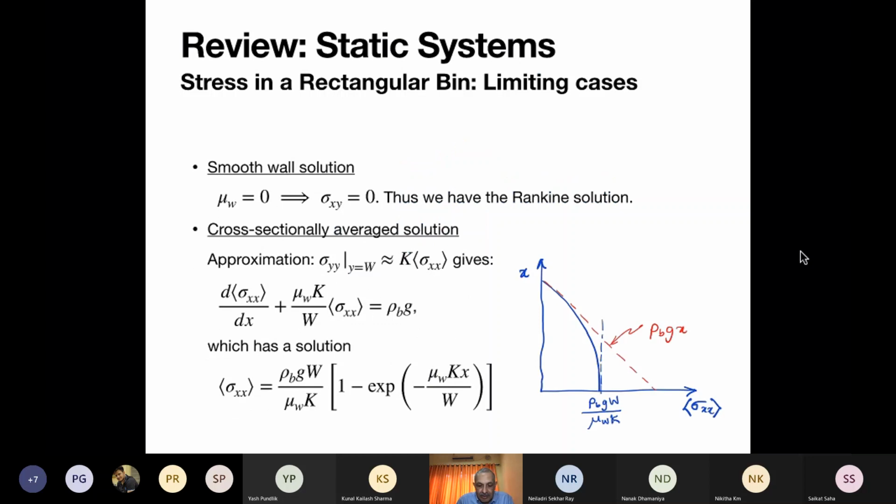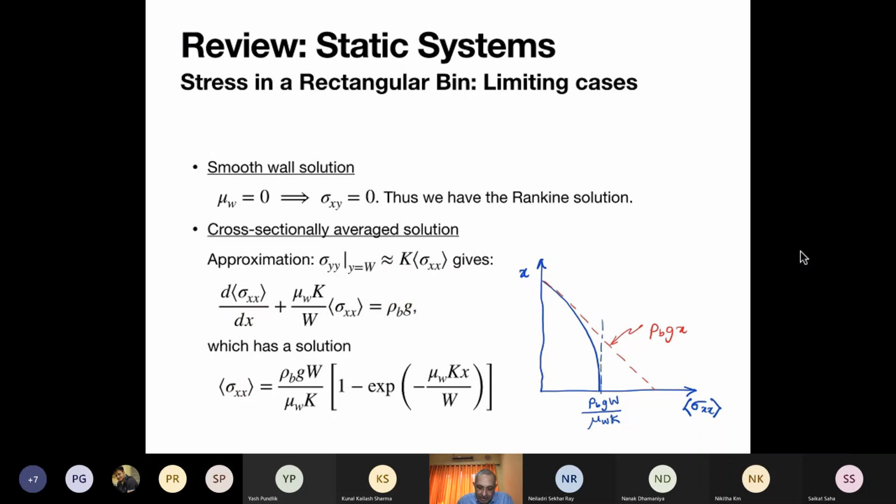And we saw that if there is no friction on the walls, then we get sigma xy equal to 0, and then the solution is just the Rankine solution as before. If we do a cross-sectional average and we make the approximation that sigma yy at the wall is approximately equal to K times sigma average xx, then we get a very simple equation, and this can easily be integrated to give us this.